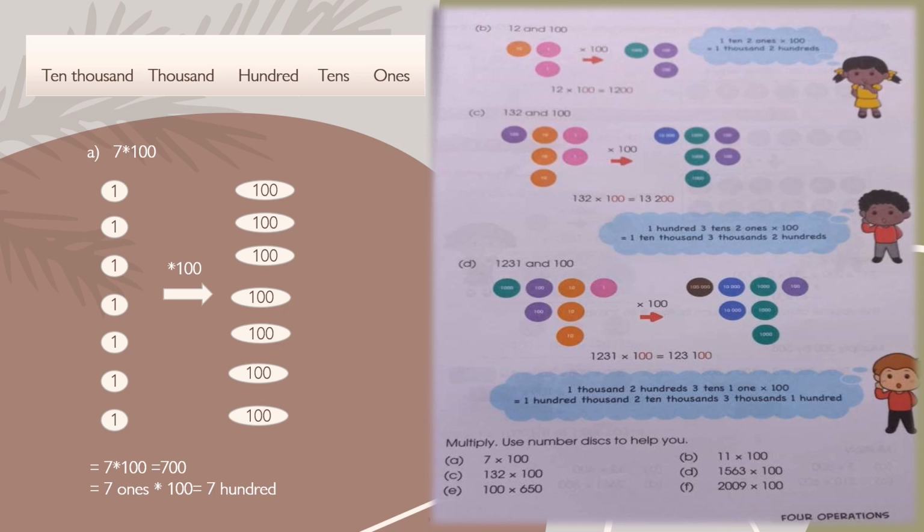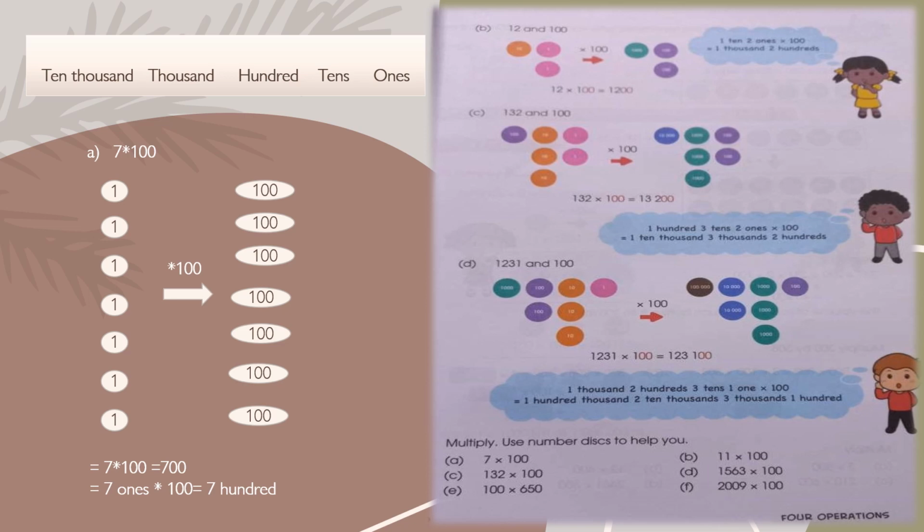In part C, we have 132 and 100. 132 means 2 ones, 3 tens and 100. When 100 is going to multiply with 100, it becomes 10,000. So we have 1 disc of 10,000. Similarly, we have 3 discs of 1000, as 10 multiplied by 100 is 1000.